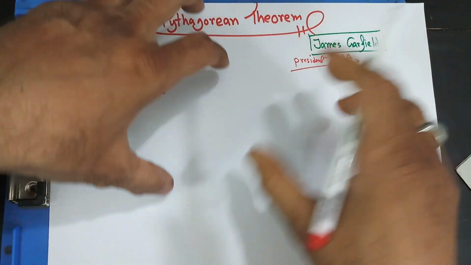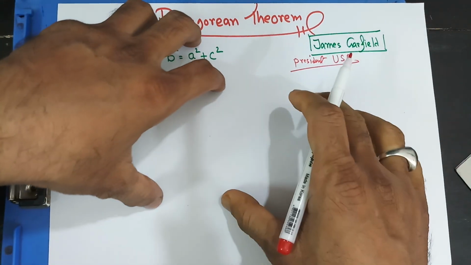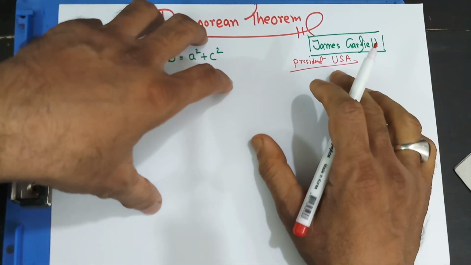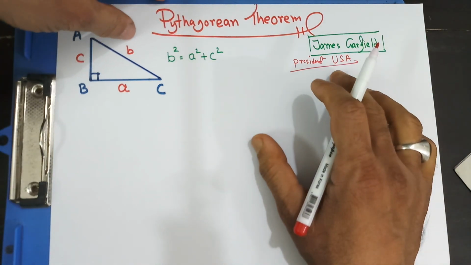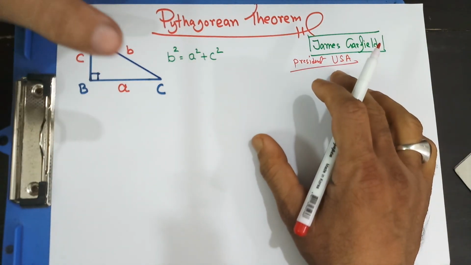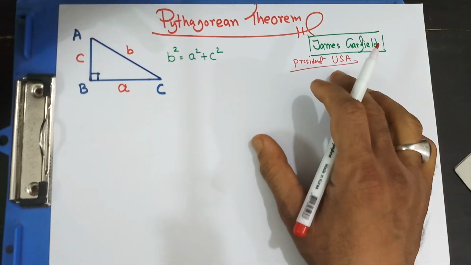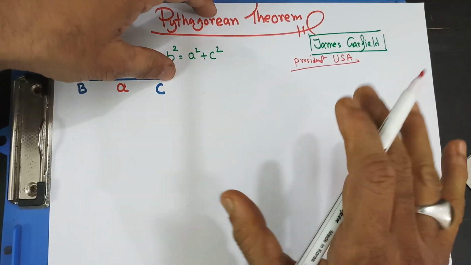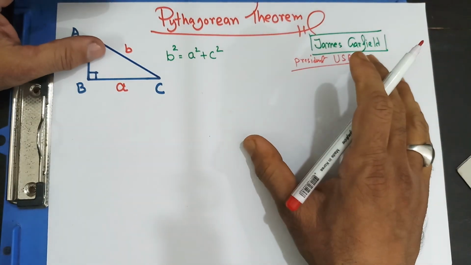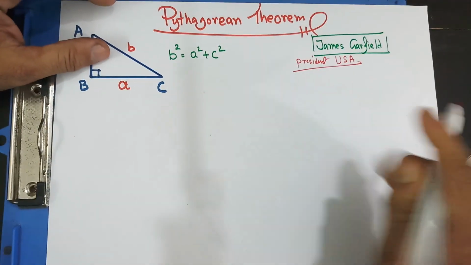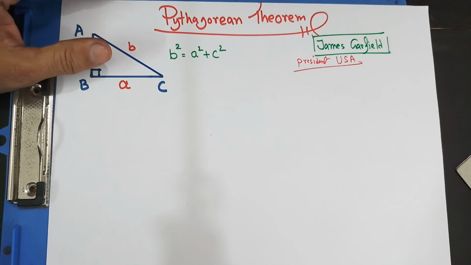He has proven whatever I'm going to prove today, the same proof. He did it when he was in his university life, and he was the only president who ever came up with a mathematical proof of a theorem. So this is very unique. I love this proof. It's very interesting and very easy to understand.